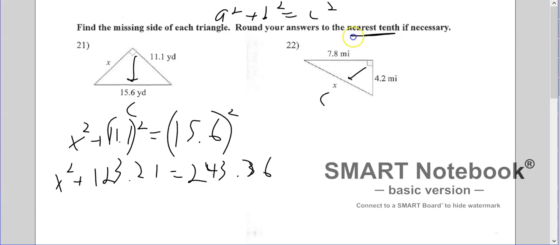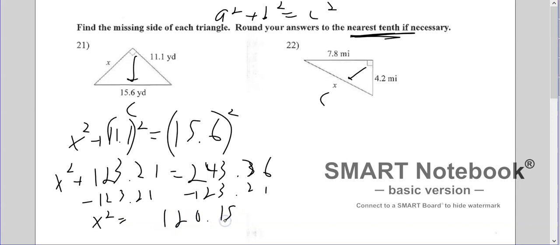Now remember, it says round to the nearest tenth, but we're going to round at the very end. So now we're going to subtract, we're trying to get x squared by itself, 243.36 minus 123.21. And that gives me x squared equals 120.15.